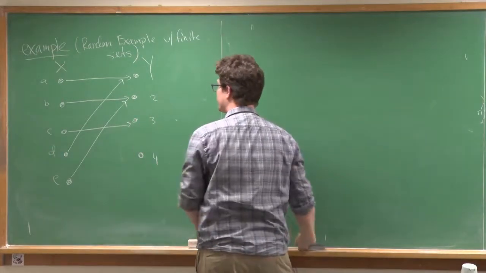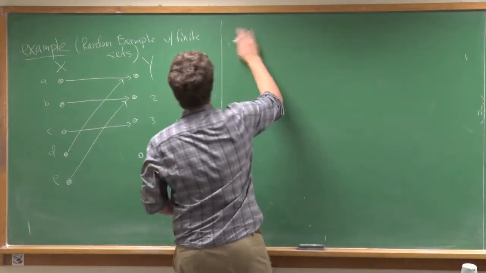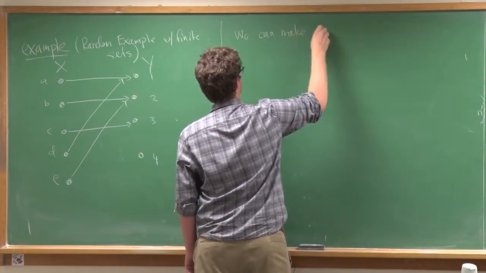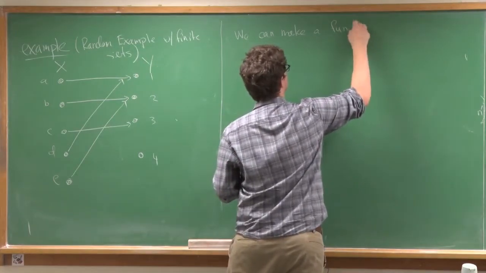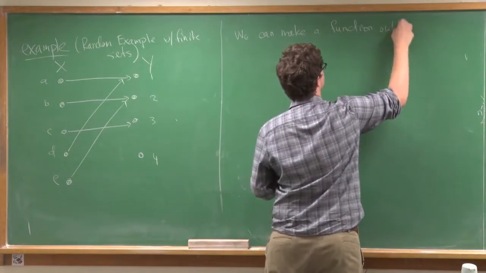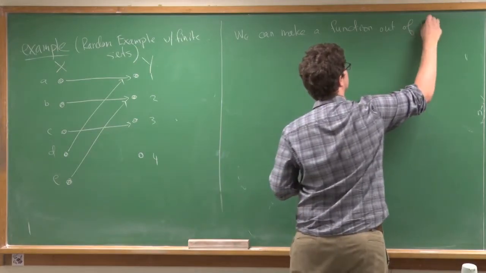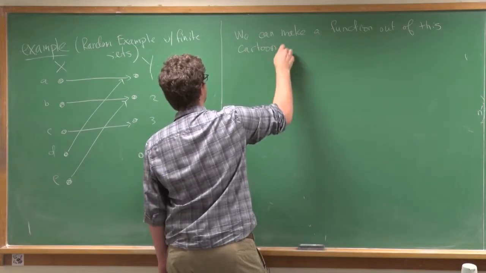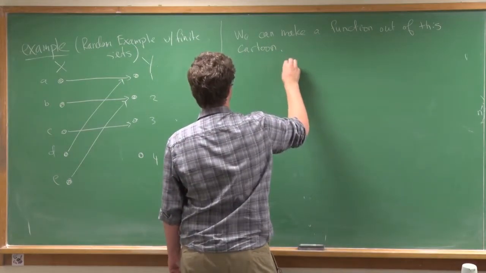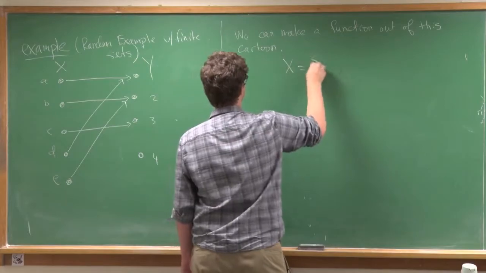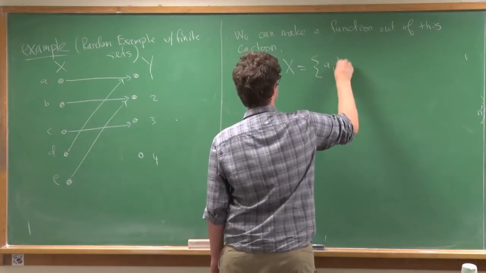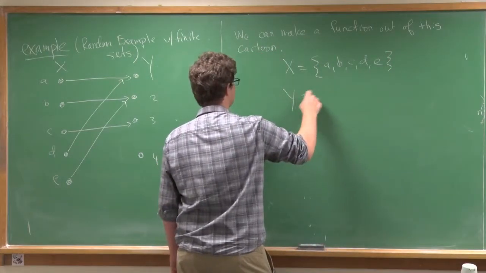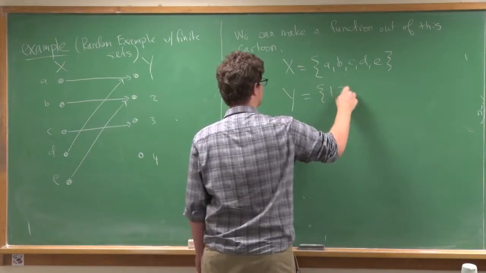Here, X will be the set A, B, C, D, E, and Y will be the set 1, 2, 3, 4.